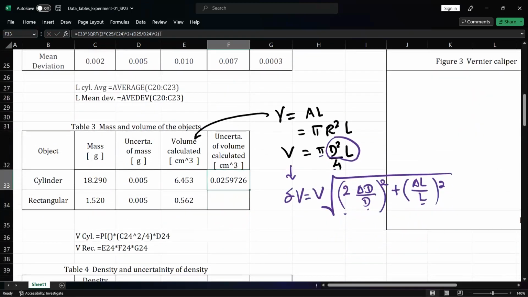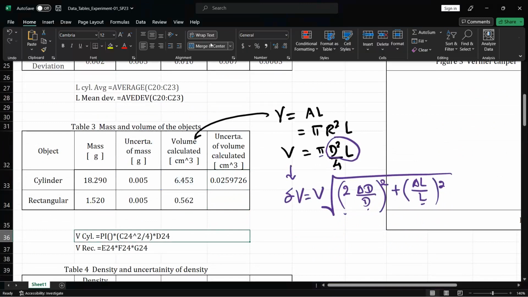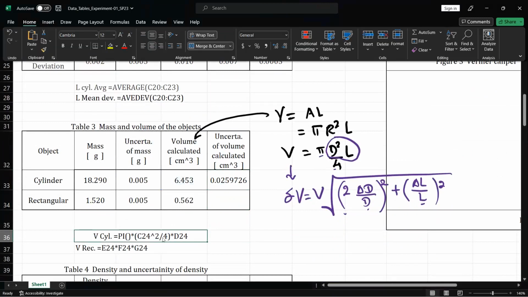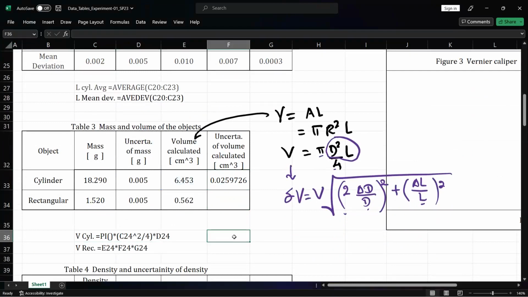So that's it. Let's look at that function. I will copy paste that function somewhere here. Let's get rid of the space there. All right, let's put that function here. This is the uncertainty for cylinder.